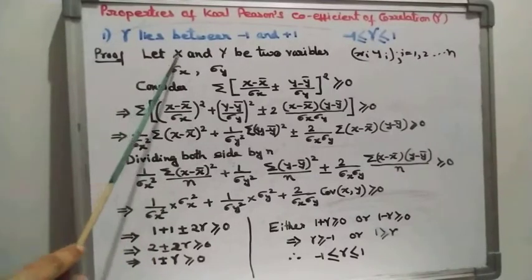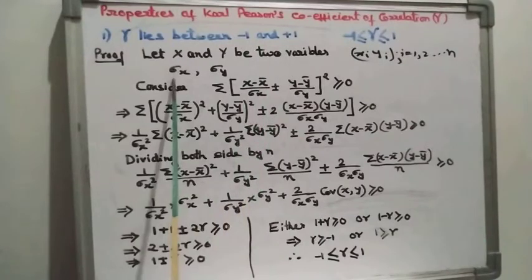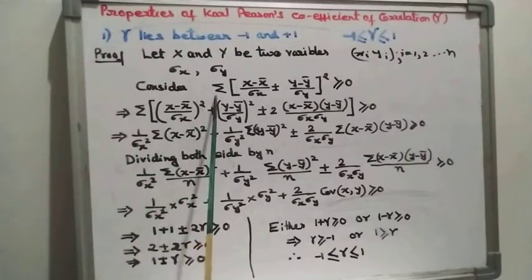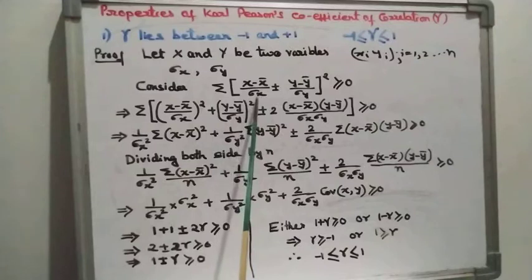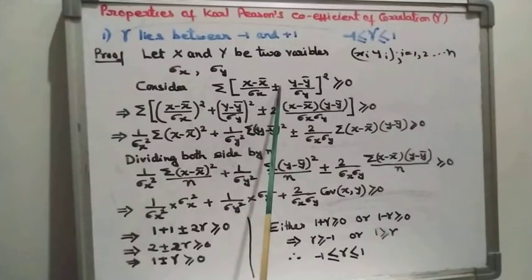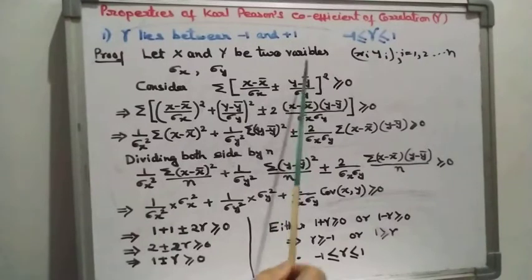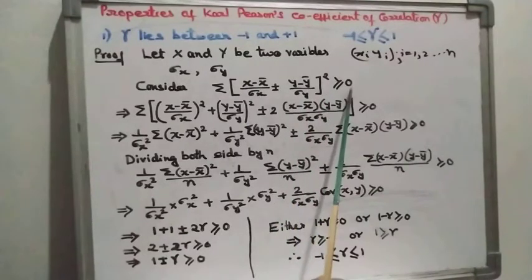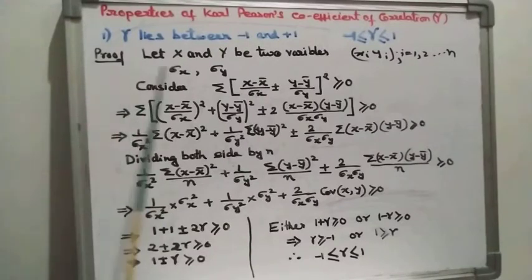Now consider that the summation of (x minus x bar divided by sigma x plus minus y minus y bar divided by sigma y) whole square is greater than or equal to 0. We start the proof by considering this statement.